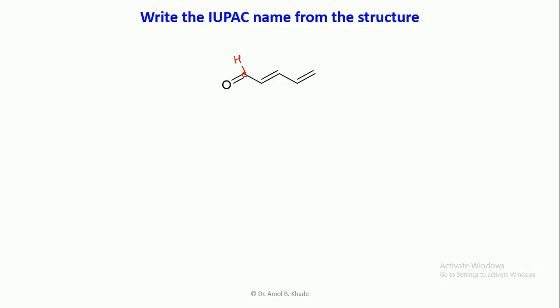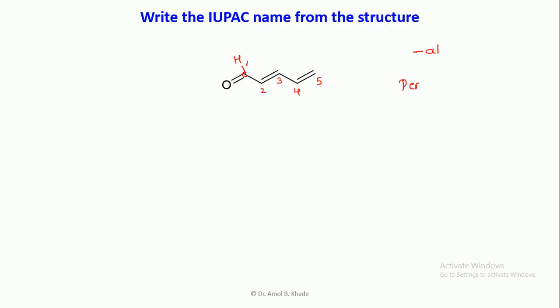So how we can name this structure? For aldehyde we have the ending as Al, correct? So we can give the numbering. Now in this case, when you have the aldehydic group and alkene functionality, obviously that will take priority. So this will be 1, this will be 2, 3, 4 and 5.